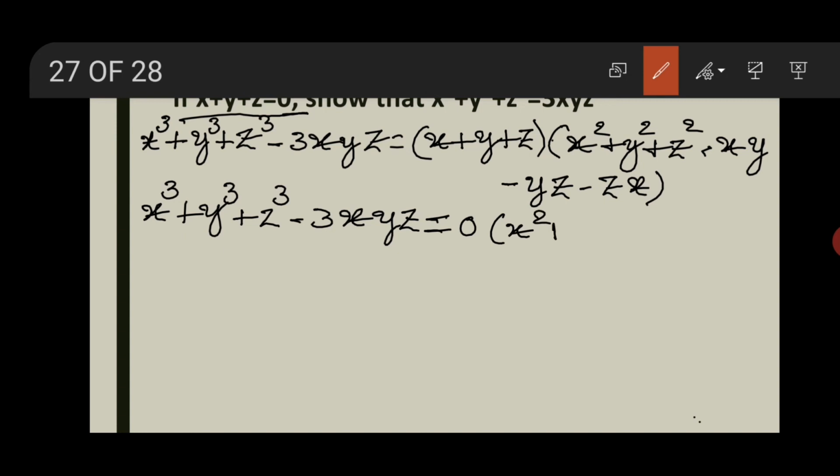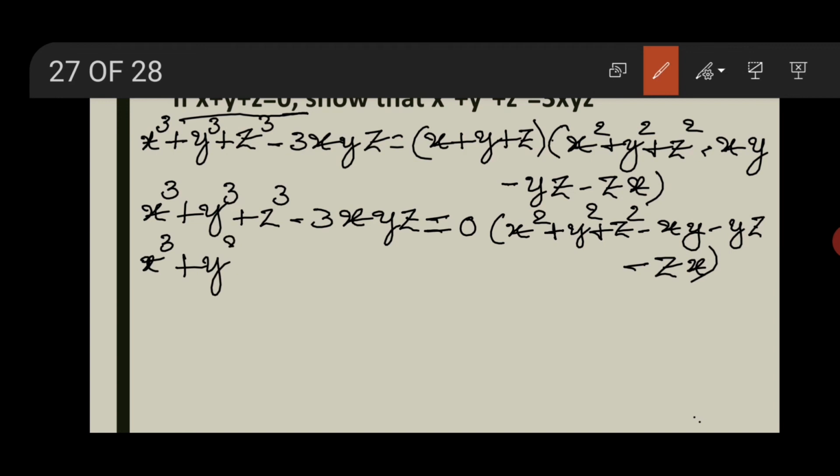Then into, write the bracket x square plus y square plus z square minus xy minus yz minus zx. What happens? X cube plus y cube plus z cube minus 3xyz is equal to 0 into the bracket is equal to 0 into anything is equal to 0.